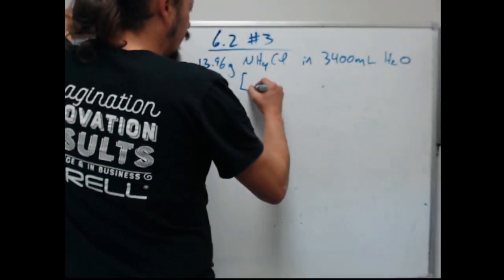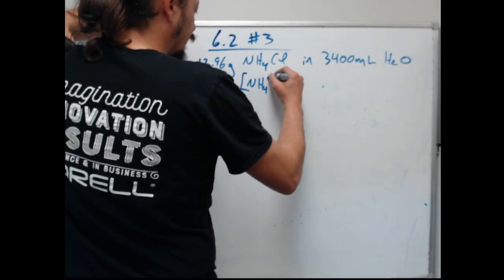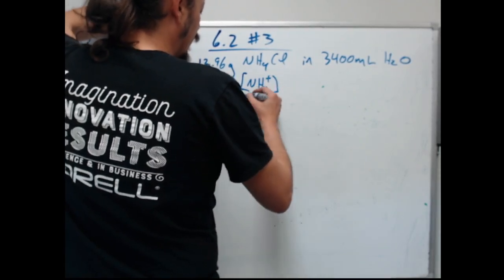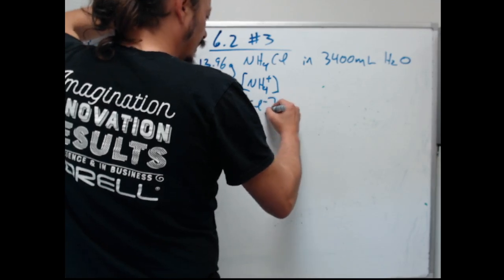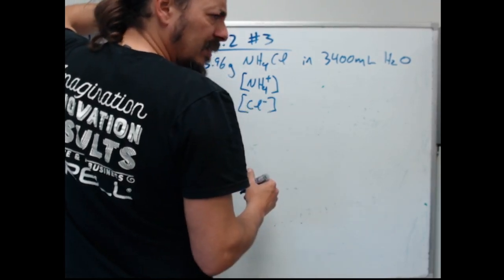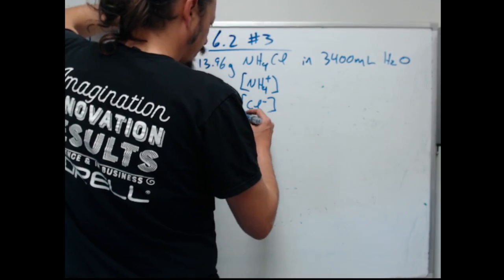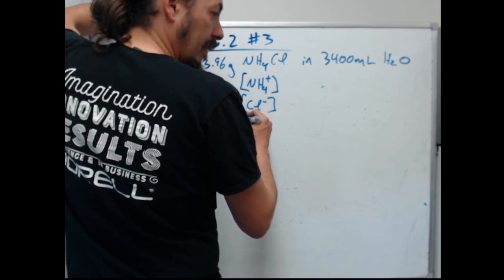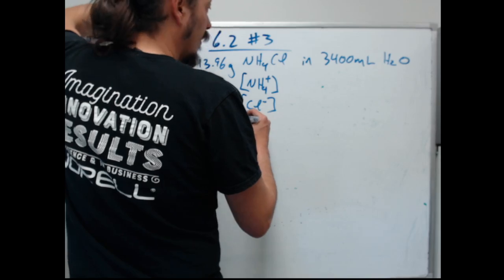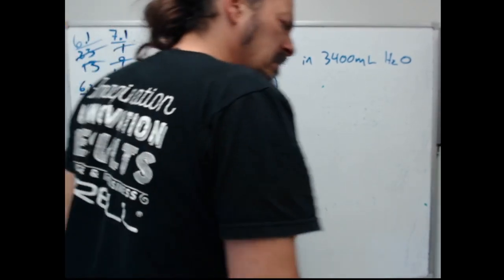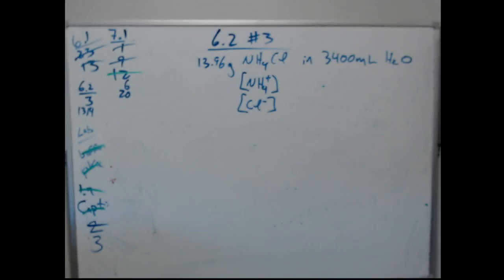So it's asking for the concentration of NH4+, the concentration of Cl-, the molar concentration of the solution, and the total concentration of all solute particles. Interesting. That's a weird way to ask that question.